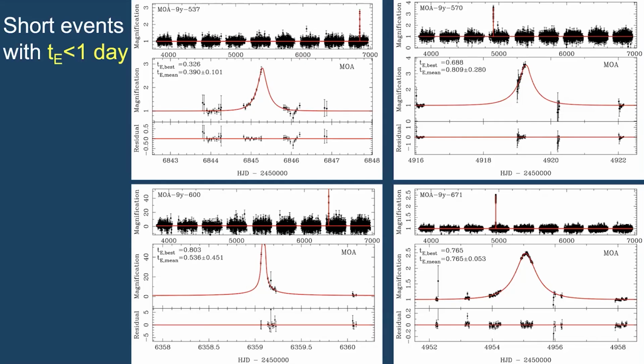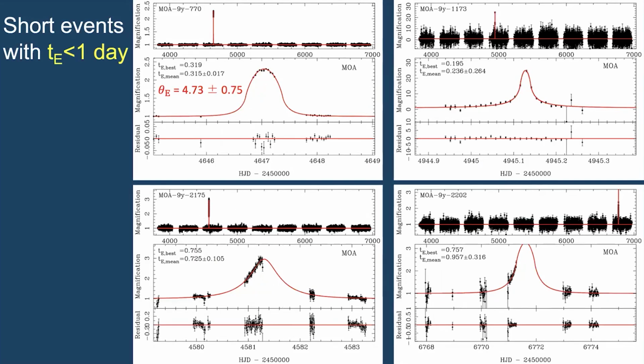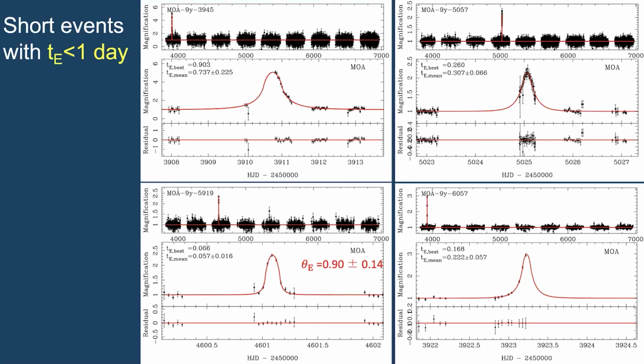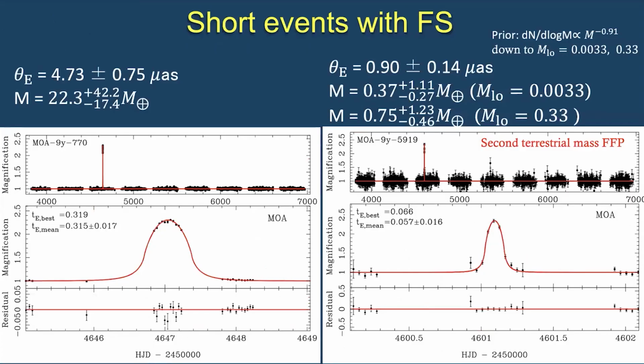The bottom panel indicates the residual from the best fit single lens model. Here in another one you can see the clear finite source effect, and we measured theta E. Here is another event, and this one also has a finite source effect. So these are two events where we could find the finite source effect in a short timescale.